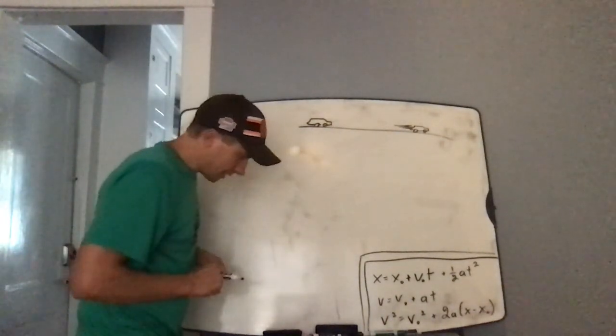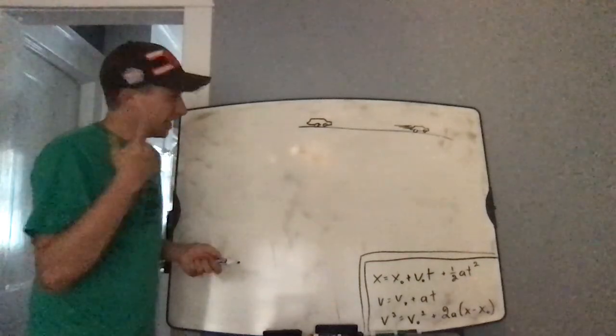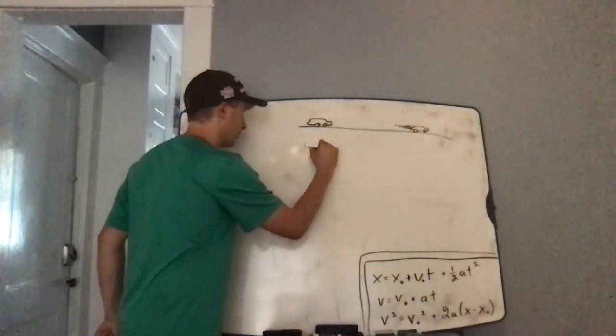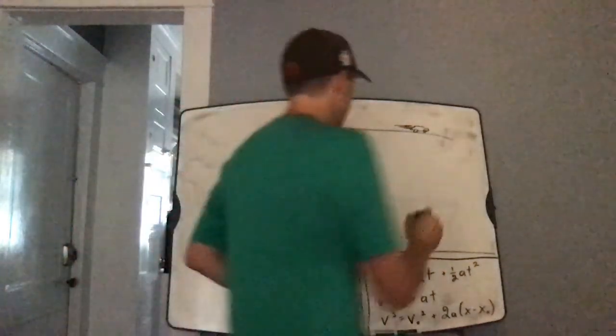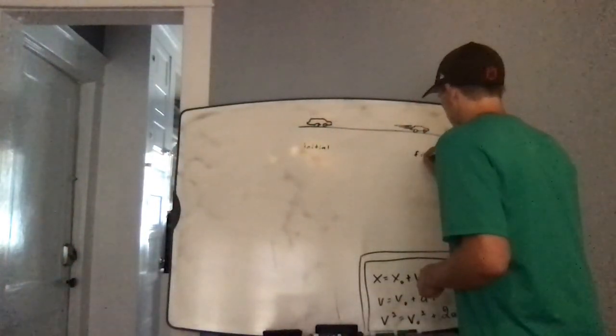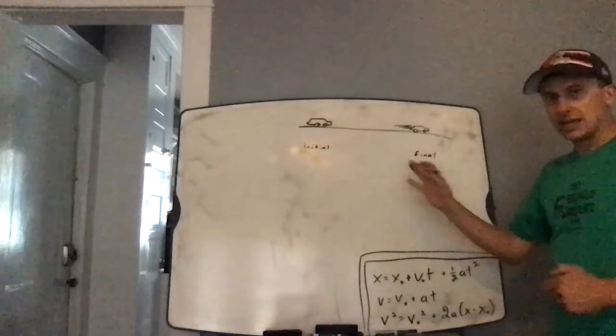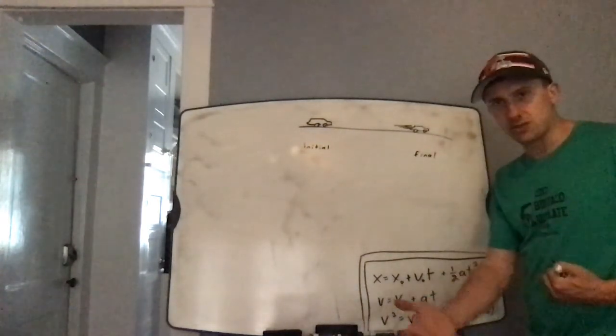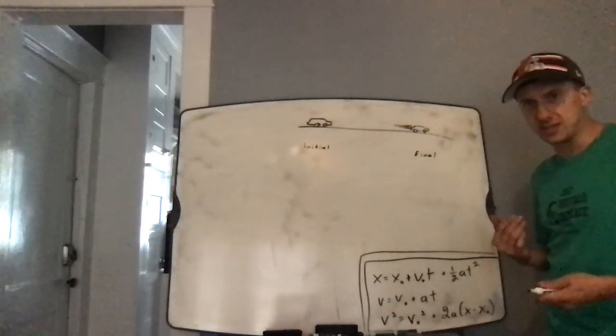So the car starts at rest. Well, this is the initial moment. I'll just write initial here. This is the final moment. I'll write final here. If you start from rest, well, rest means you're not moving. That indicates your velocity is 0.